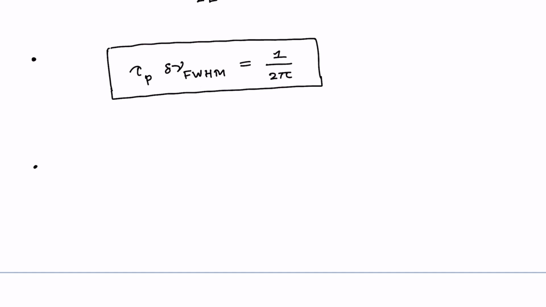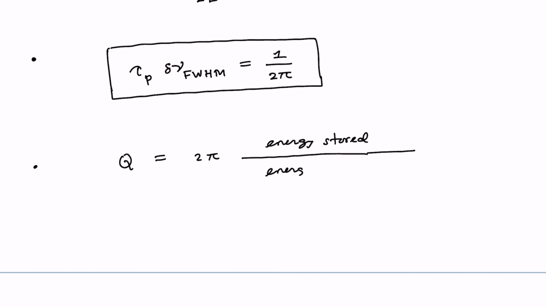One very important quantity associated with a cavity resonator is the so-called quality factor, and by convention this quality factor, capital Q, is defined as 2 pi times the ratio between the energy stored inside the cavity and the energy loss per oscillation cycle.